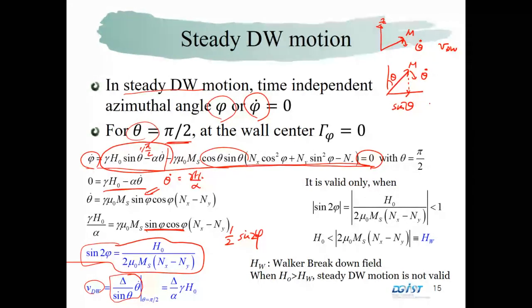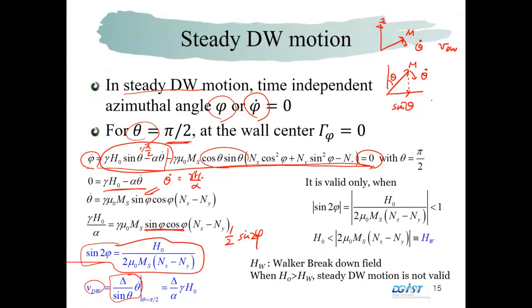So the velocity of the domain wall is given by this relation.